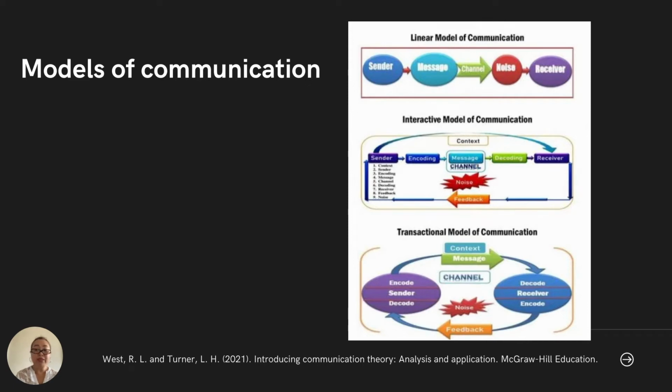In order to explain the social process of communication, scholars have developed several models. The three most well-known models for communication are linear, interactional, and transactional. As West and Turner 2021 explain, each model sheds light on the development of communication but emphasizes different parts of the communication process.